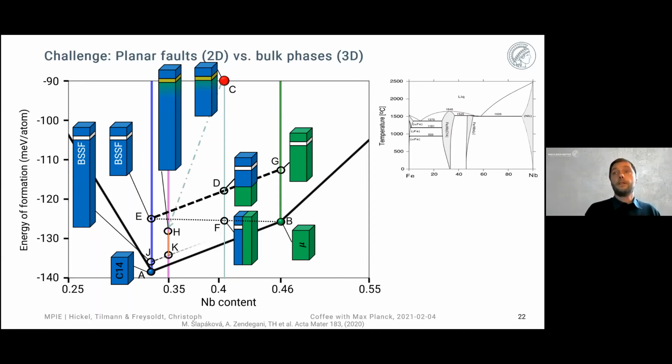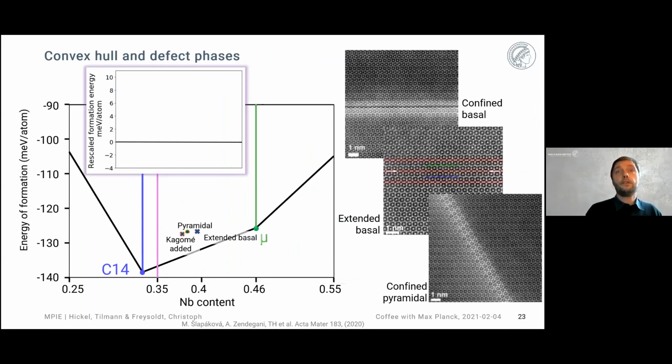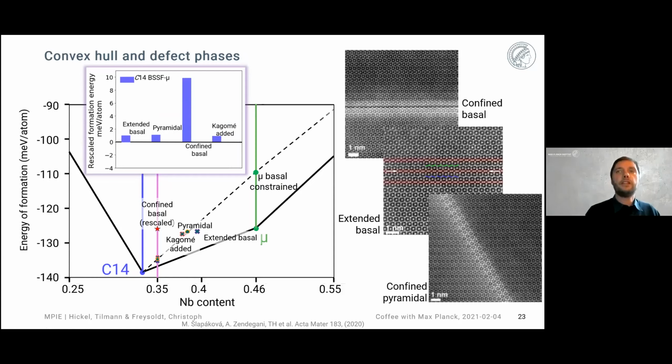And this can be done now for the different kinds of planar defects also observed in experiment and identified also by machine learning. And typically we get that the defect formation energy is above the bulk energies. But if we take into account that the mu phase will not form as an individual phase somewhere, but if it forms, it forms as a precipitate constrained by the matrix, then the situation looks different.